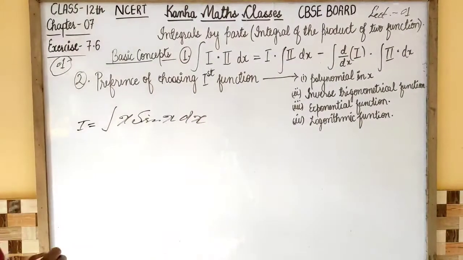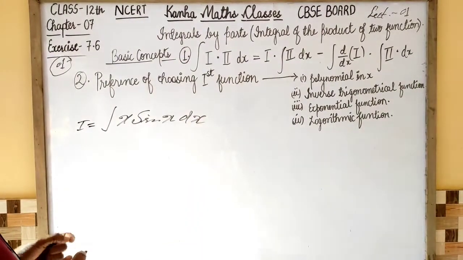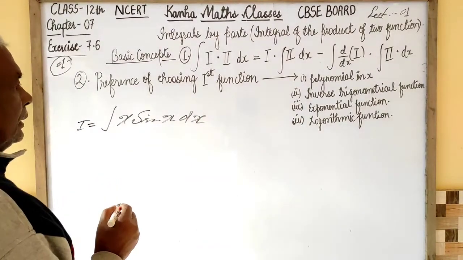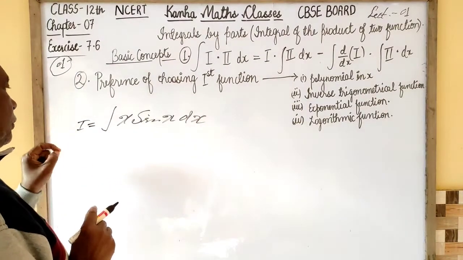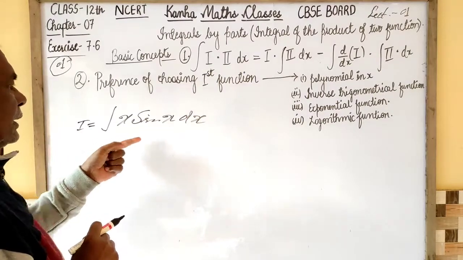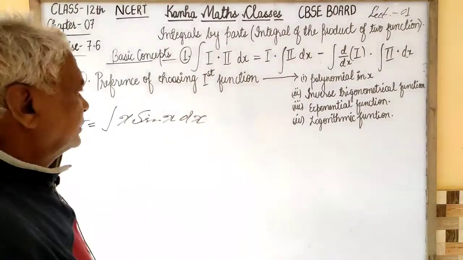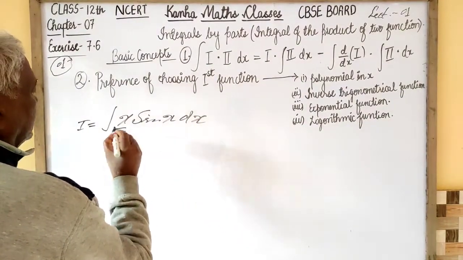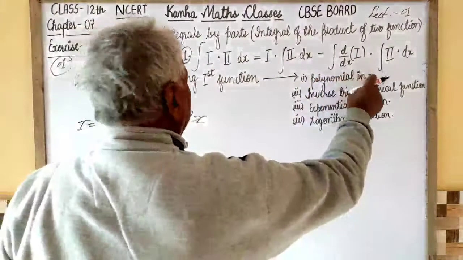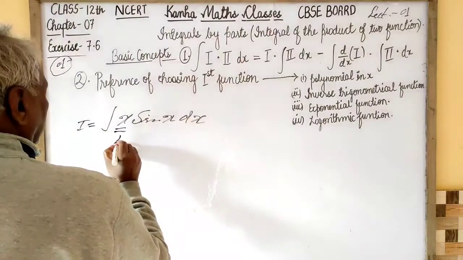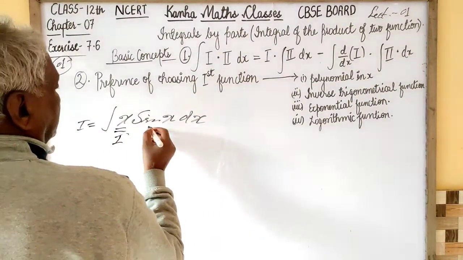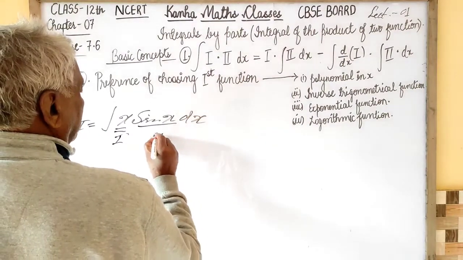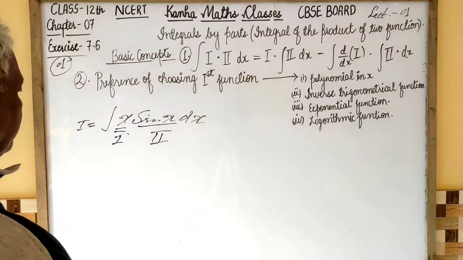If you are unable to select the first function, the remaining one will automatically be the second function. Here we see that x, a polynomial in x, will be chosen as the first function, and sin x will automatically be the second function.